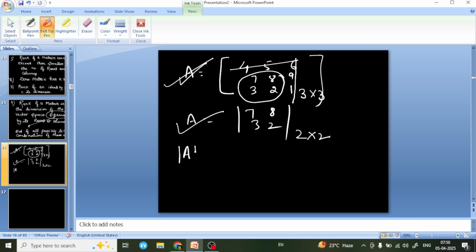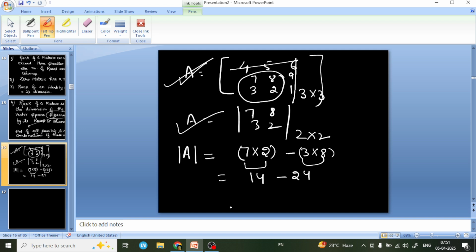You can represent the determinant like this: 7 multiply 2 minus 3 multiply 8. 7 twos are 14, 3 eights are 24, 14 minus 24 is minus 10, and this minus 10 is known as a minor of order R of a matrix.